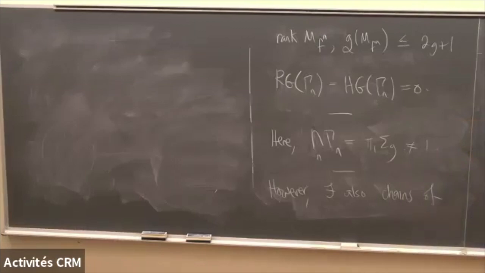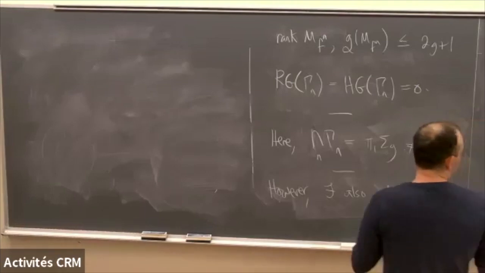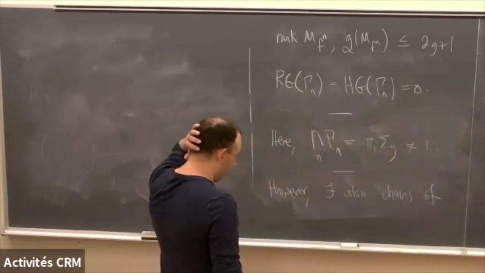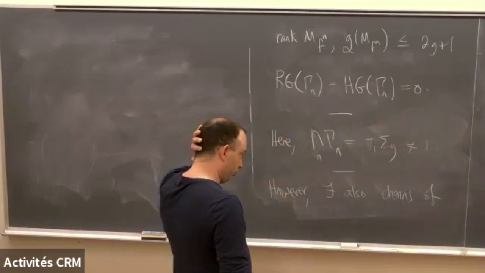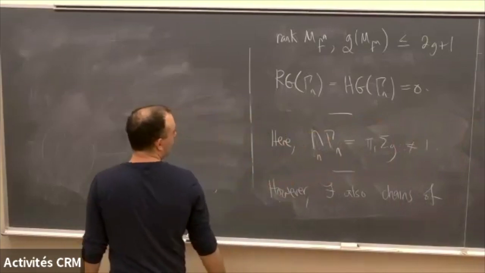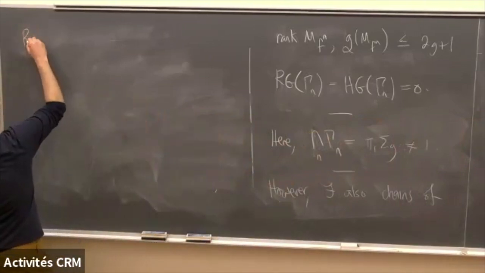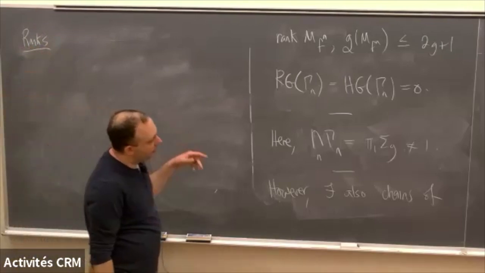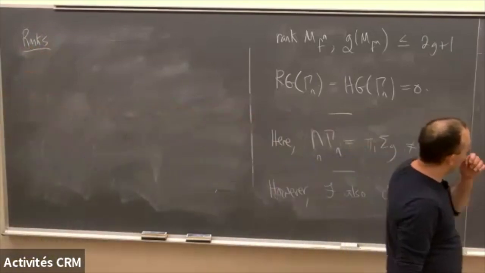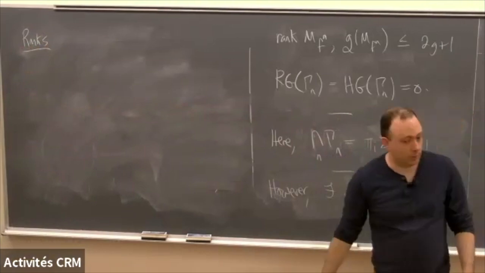Okay, so at this point, let me just make a couple of quick remarks. All this was just 3-manifold topology, but you can also make this happen in the world of hyperbolic geometry.